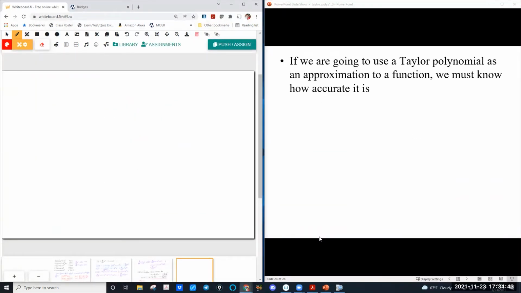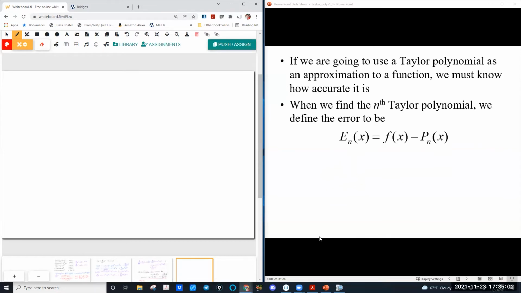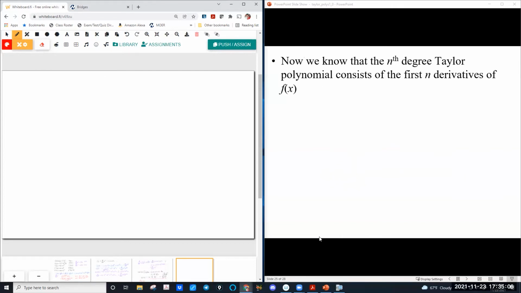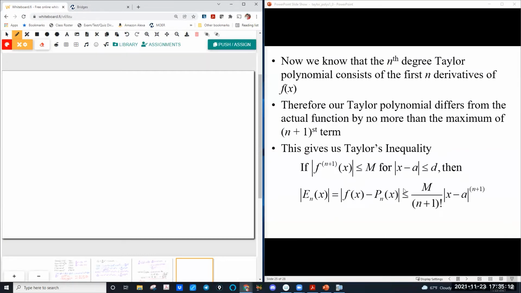Because Taylor series and Taylor polynomials are an approximation, we always want to know how accurate they are. So just like we had with our numerical integration, we have an error estimation. This is going to look really familiar. Our error estimation for Taylor polynomials of nth degree is given by what's called Taylor's inequality.